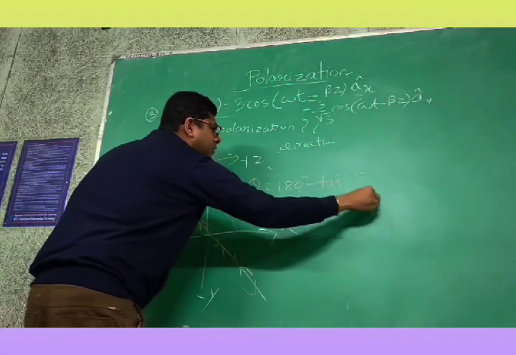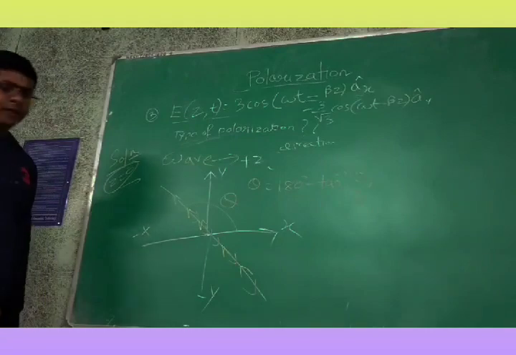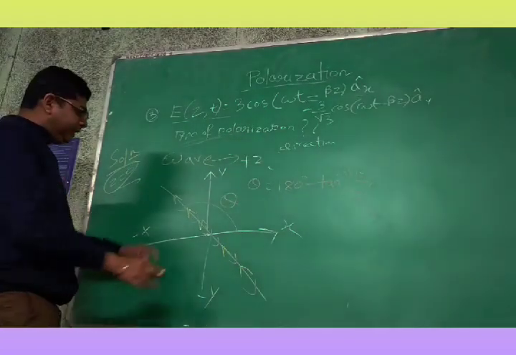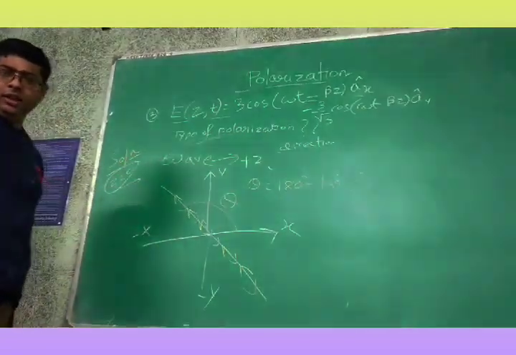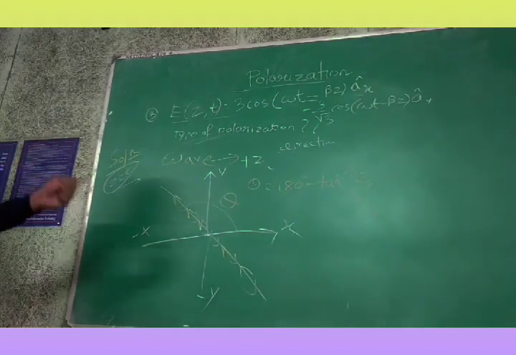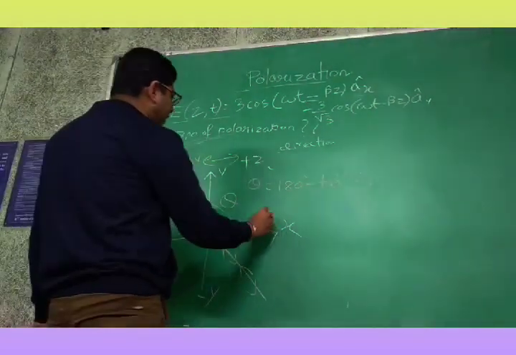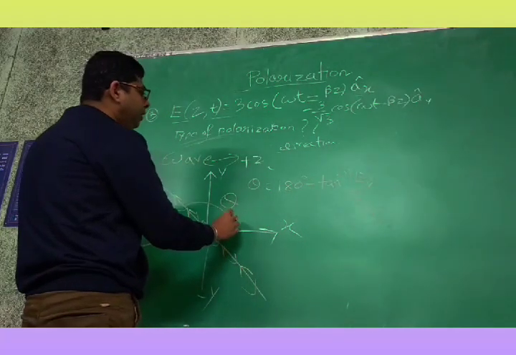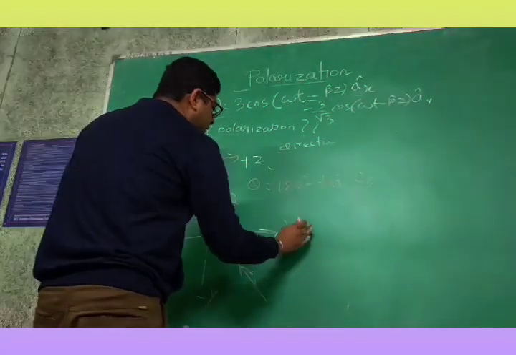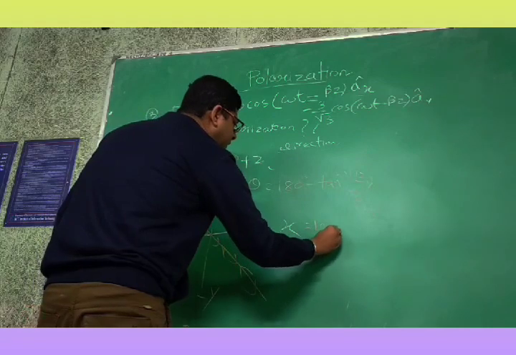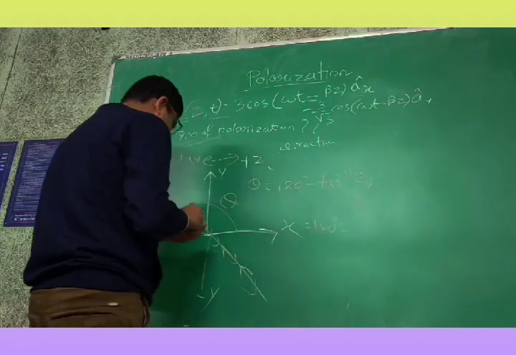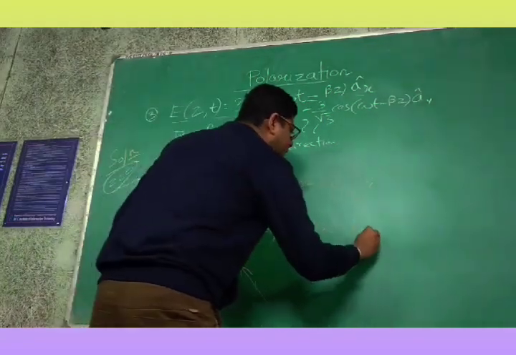This is basically known as theta linear polarization. So how much will it be? 180 degree minus tan inverse.